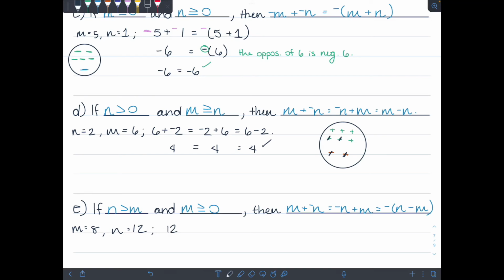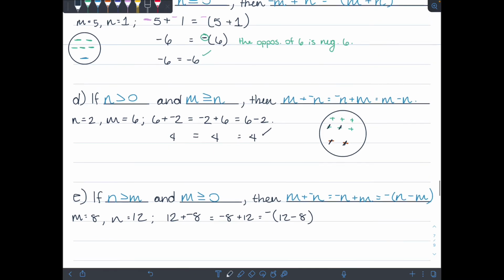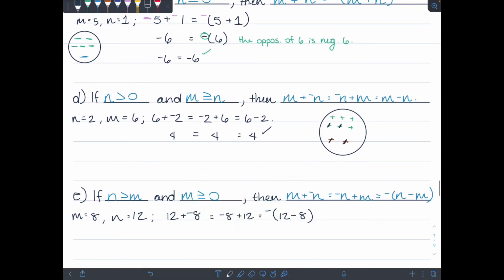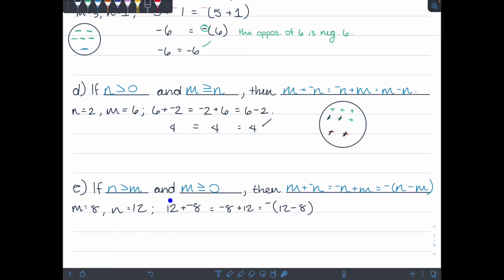That means 12 plus negative 8 is equal to negative 8 plus 12, which is equal to negative parentheses 12 minus 8. Let's see if they all have the same solution.